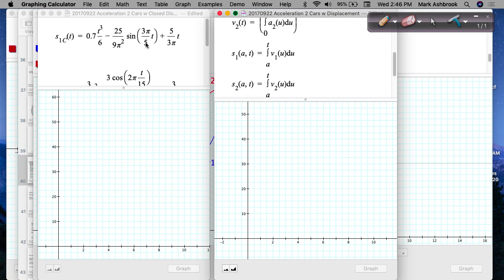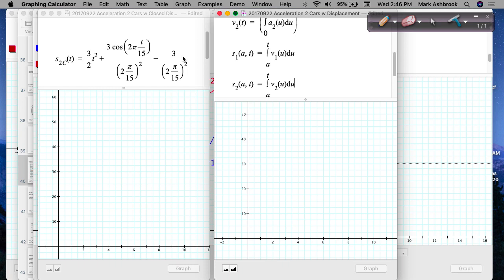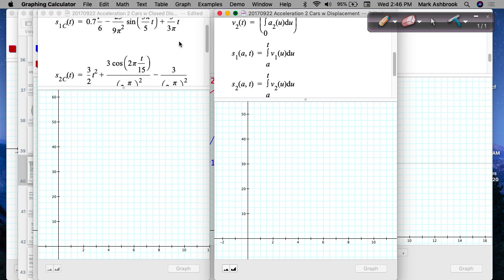Over here, I have the same position functions in closed form. Complicated, but still closed. It's t cubed, sine, and t. This one, t squared, cosine, and a constant. They're kind of longer and uglier, but they're still closed form.